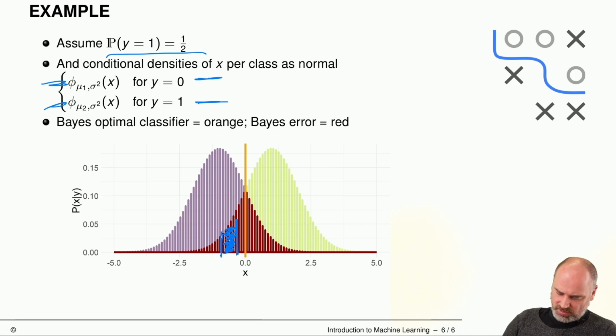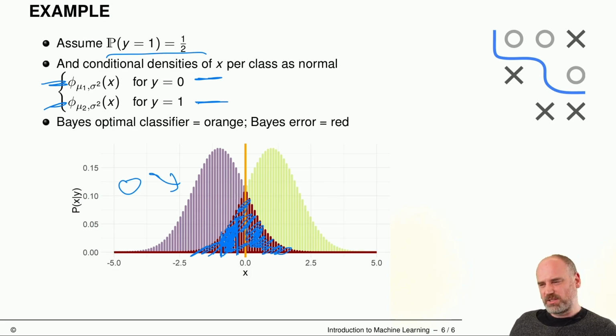Because there are some points sampled from this greenish bell curve, but we're still saying it's class 0, so it comes from this purplish bell curve. This area here is exactly the error we are making. If we integrate that over the whole feature space, then this red area is exactly what is under the wrong bell curve, so to speak. And you can analytically determine the Bayes error here.